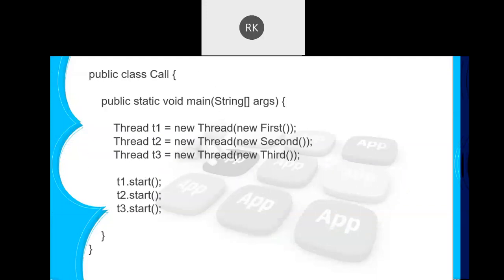Here the question arises: which one is more useful? Remember, there is nothing like one having an advantage over another. It's totally up to you which method you want to use to create the thread. Either you can make use of the Runnable interface or you can make use of the Thread class. Neither has an advantage.